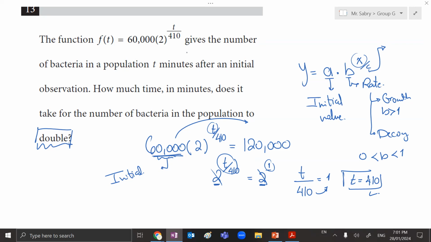But if it's increasing by 10% every 5 years, then the power should be divided by 5. Because here the power, اللي هو t, is divided by 410, it means إنه this population doubles every 410 years. Does this make sense شوية?